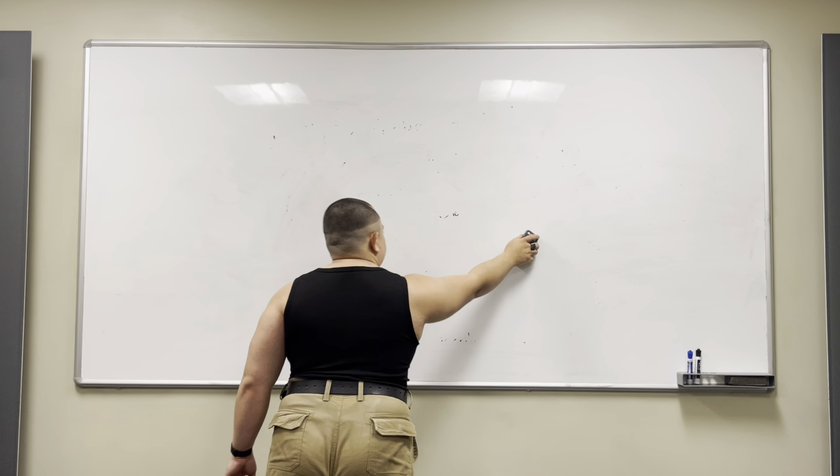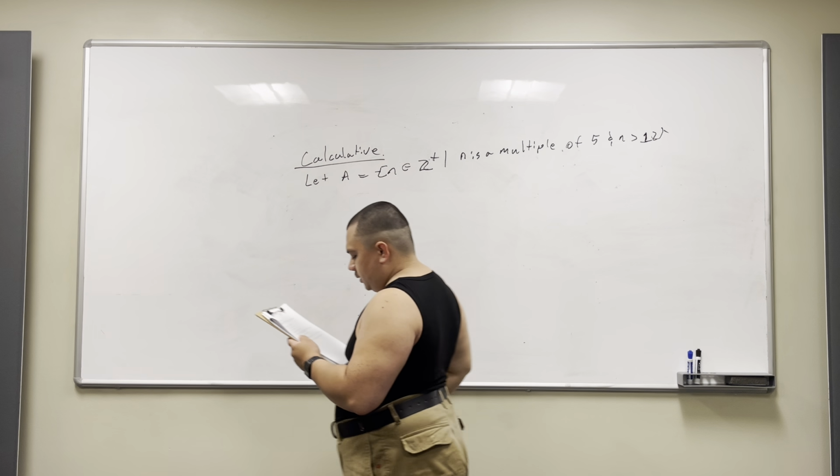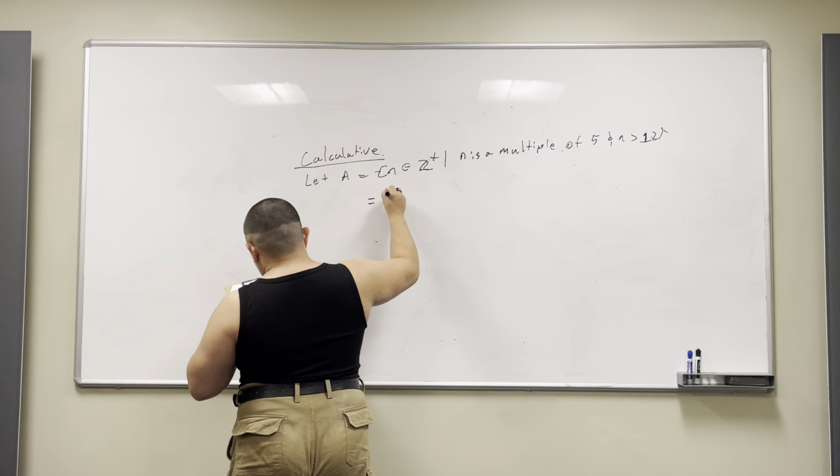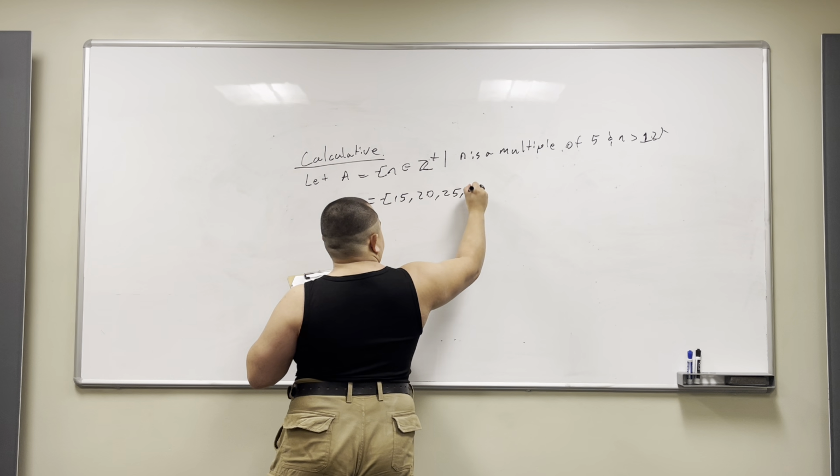So let A equal the set of n within the positive integers such that n is a multiple of 5 and n is greater than 12. This would essentially be equal to 15, 20, 25, and so on.